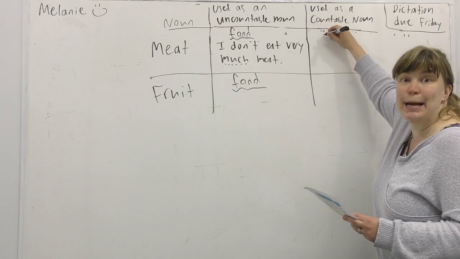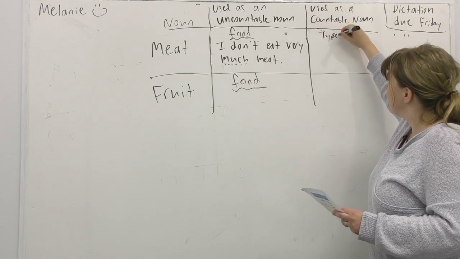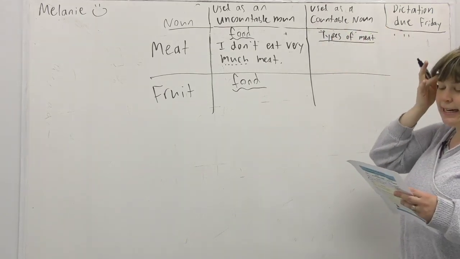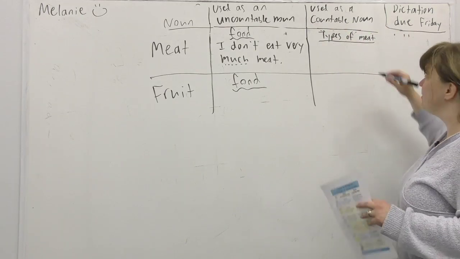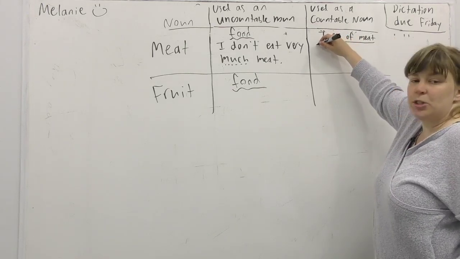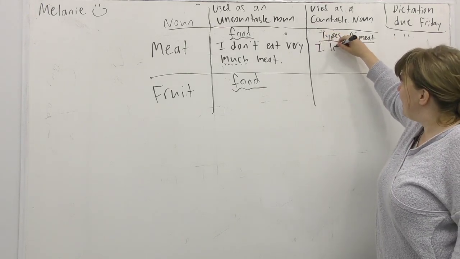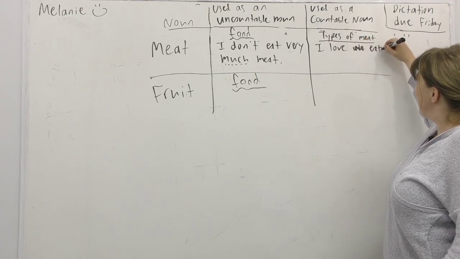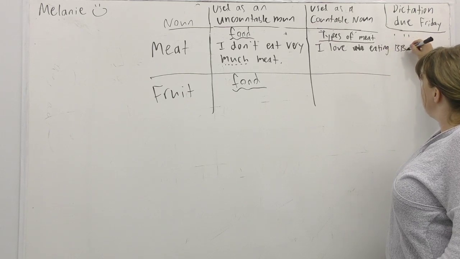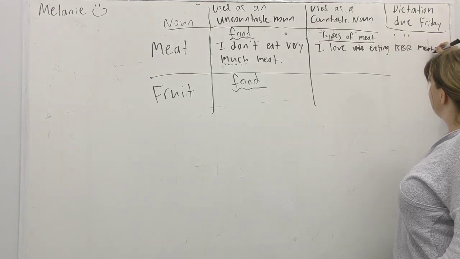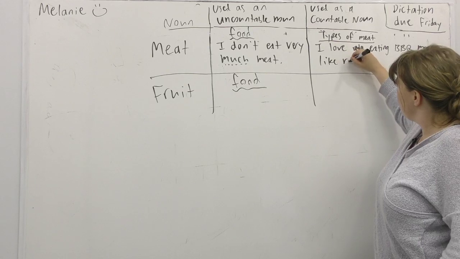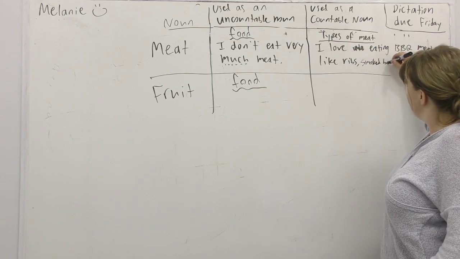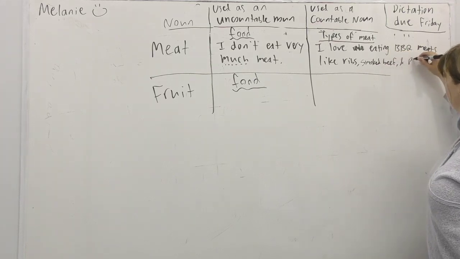However, if we're talking about types of meat, so we could say, what should we say? I love eating barbecue meats like, oh boy, ribs, smoked beef, and pulled pork.